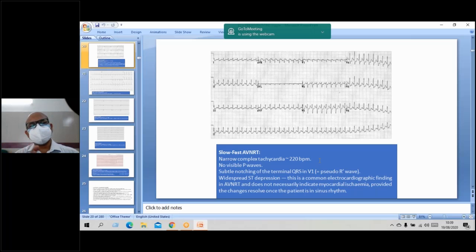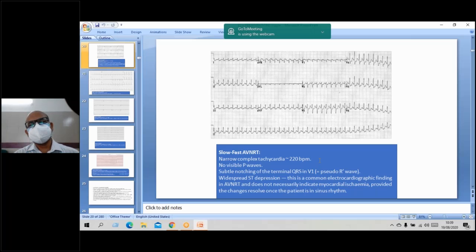Number two, carotid sinus massage. Number three, drug: adenosine, up to the maximum tolerated dose of 18 milligrams. Initially 6 milligrams, then 12, then 18. If the stable patient does not revert with adenosine, then give verapamil. Another intravenous option is a beta blocker, but this is not available in our country.